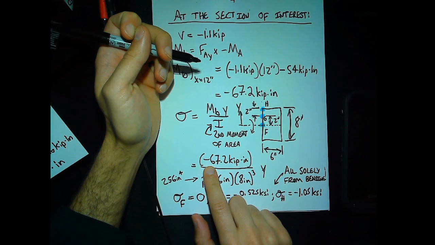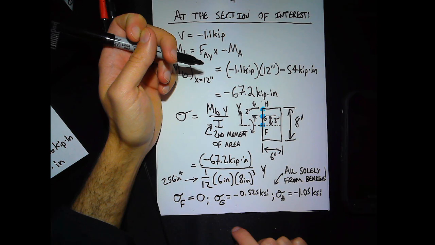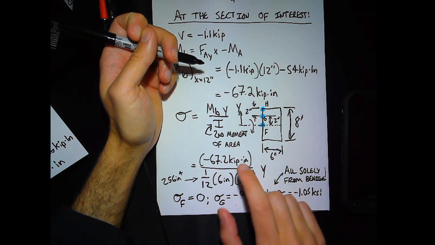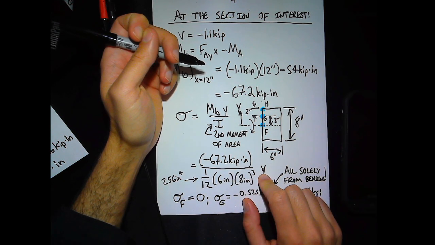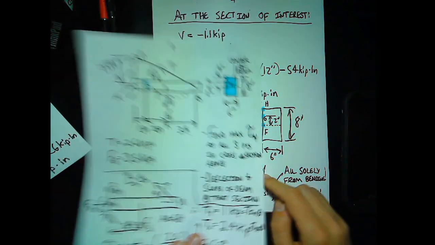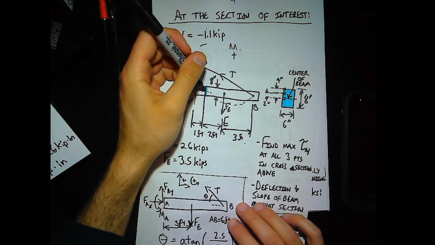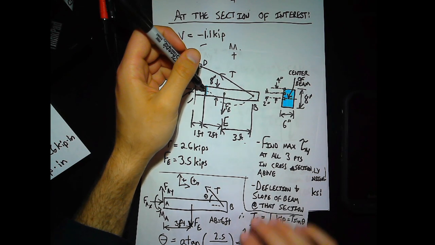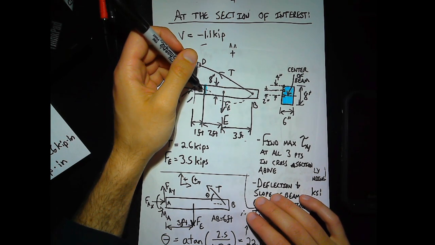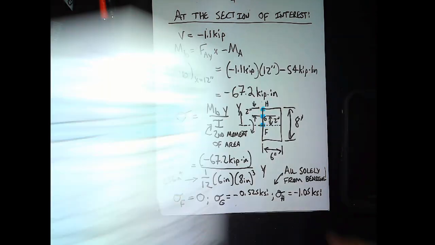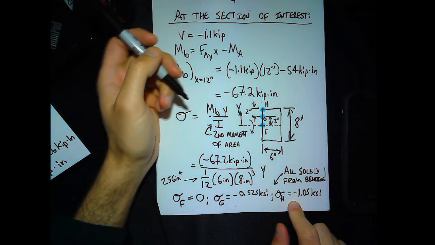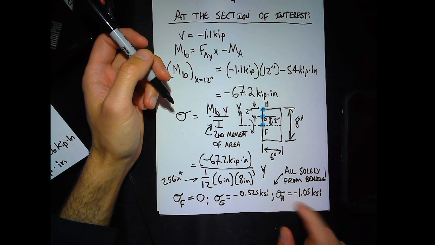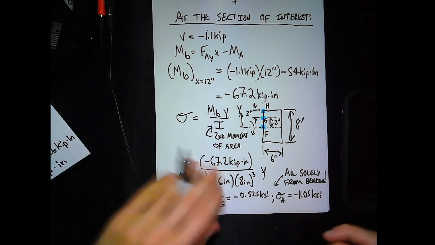It's because I have this negative bending moment. In my derivation, I had a positive bending moment, and y was towards the outside of the curve. So in this case, when I'm going up, I'm not going towards the outside of the curve. I'm going towards the inside of the curve instead, because my bending moment is negative. So that means that this is in fact a compressive stress. Okay, so this puts the beam into compression.